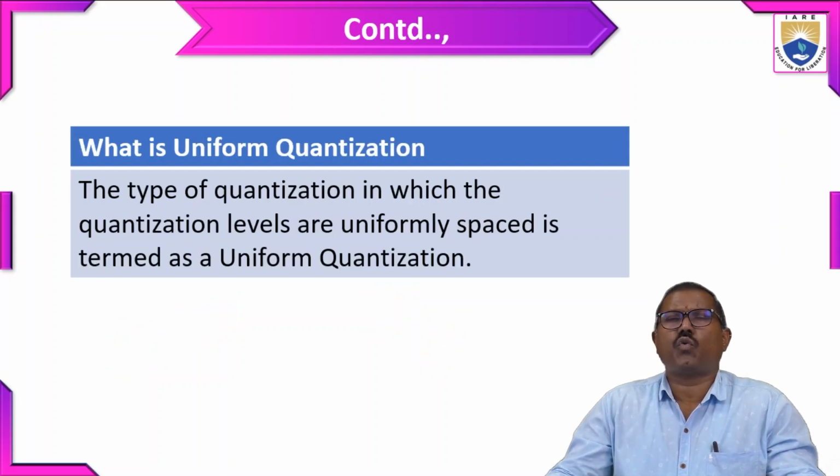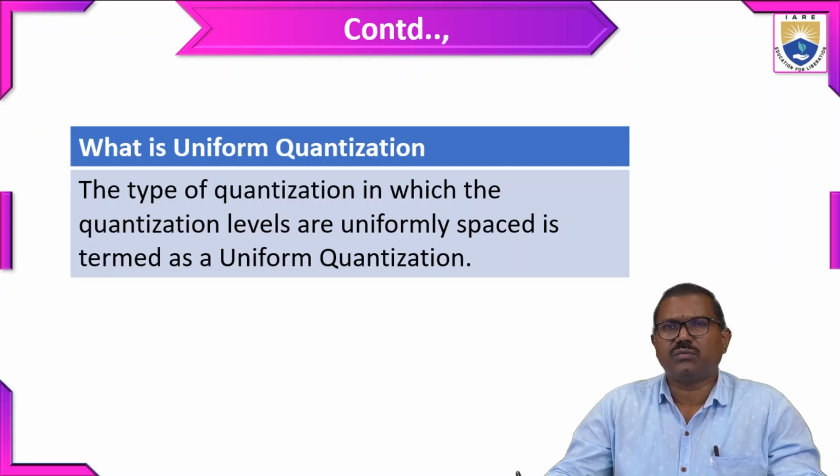Now what is uniform quantization? The type of quantization in which the quantization levels are uniformly spaced is termed uniform quantization. Already we know that quantization means converting continuous amplitude to discrete amplitude. So how is this quantization done? By the quantizer, which performs this quantization operation.